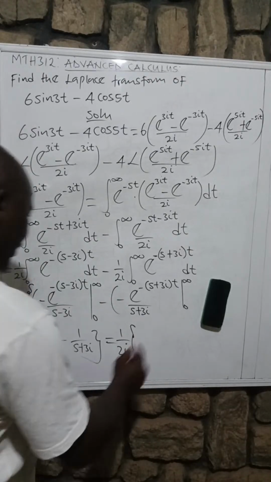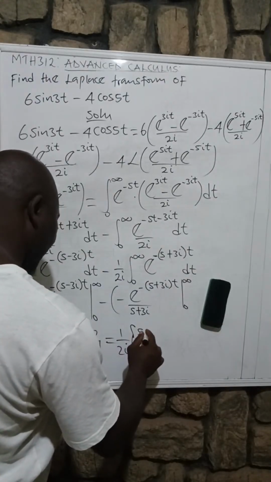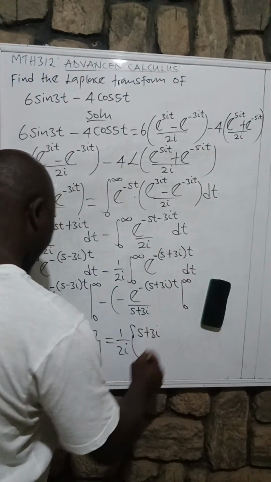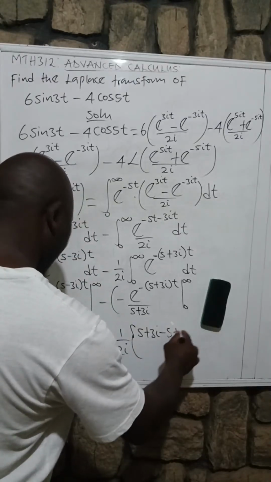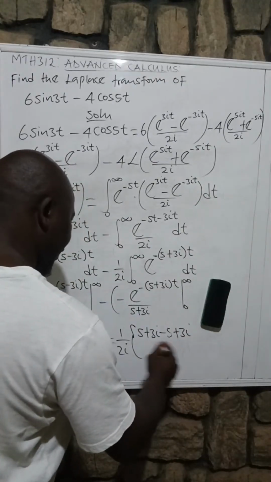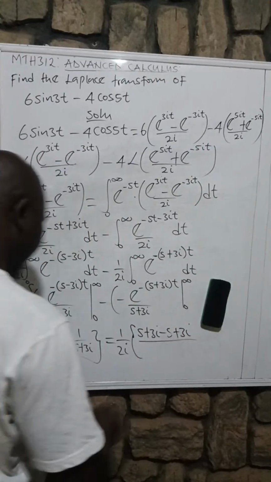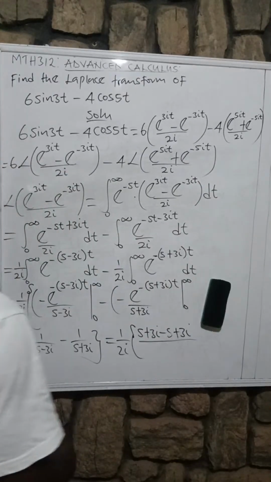When we take the LCM, we cross multiply, right? s plus 3i minus s minus 3i. I know very well that some of you are blind mathematically.